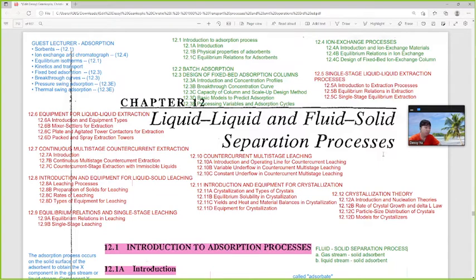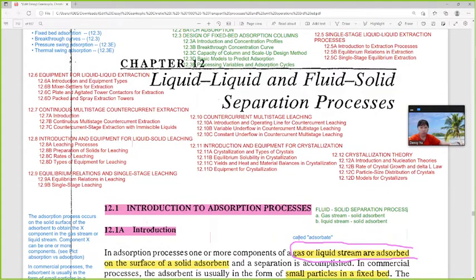Okay, maybe we just use 10 or 15 pages of this book. Here, let's begin about adsorption or fluid-solid separation.